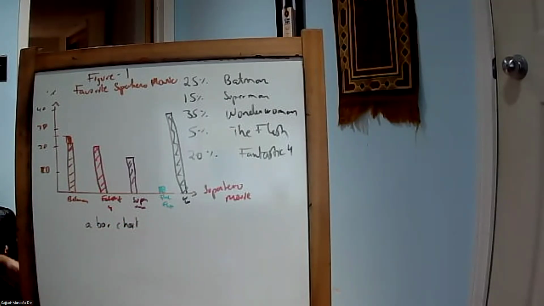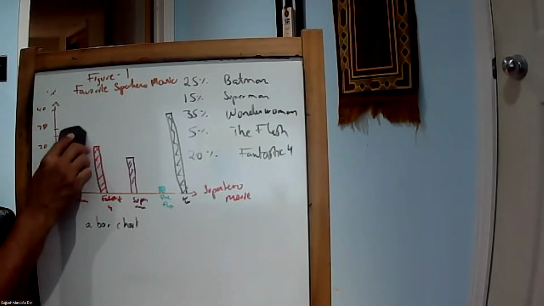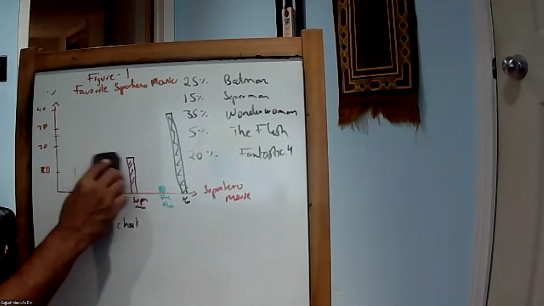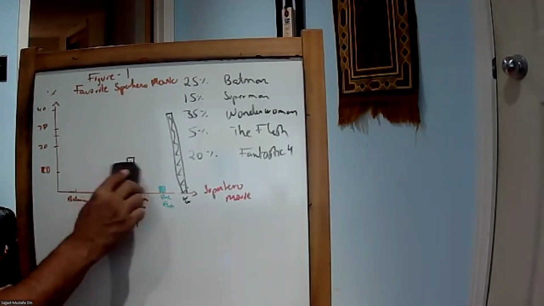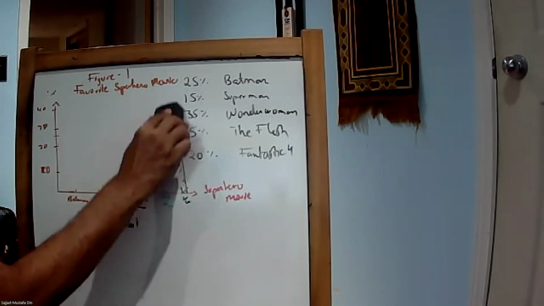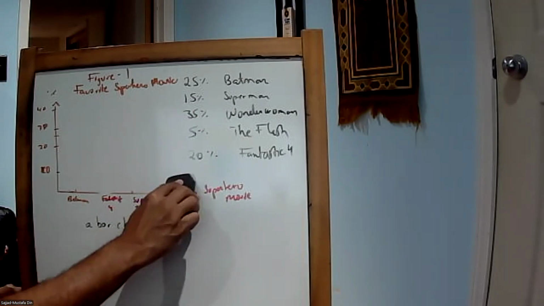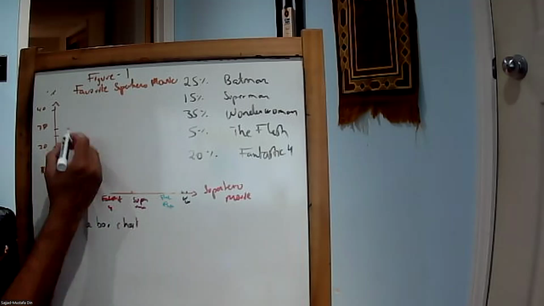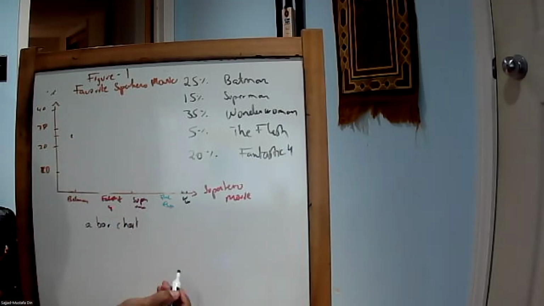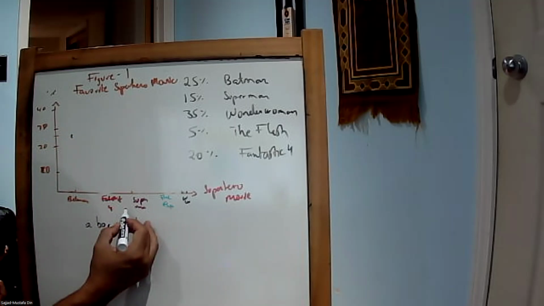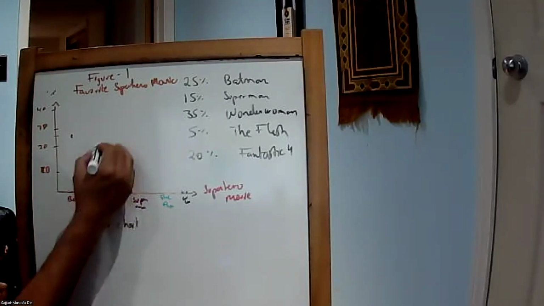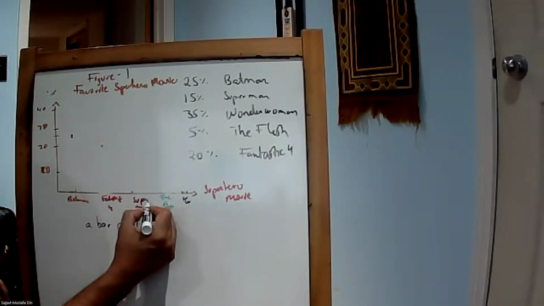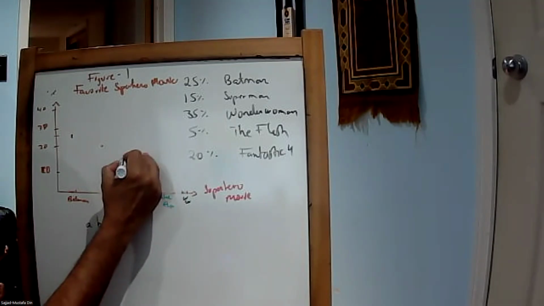So another thing you could do is simply show it with a line graph, which is actually in many cases the way I prefer. Where you have Batman, it's at 25%, so put a point here. Fantastic Four is at 20%, so that'll be here. Superman, 15%, that'll be here.